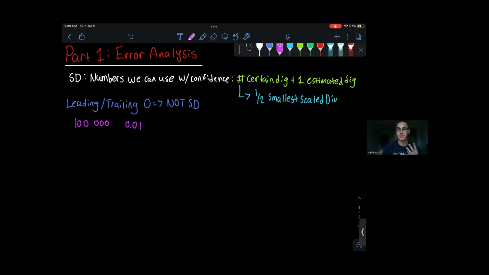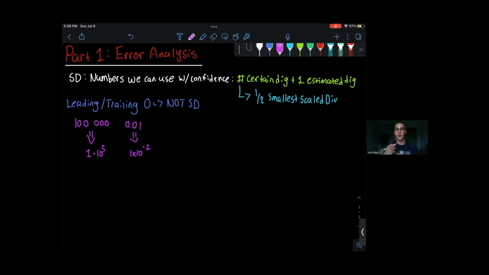This is because we can turn each number into scientific notation to make the significant digits more accurate. So this would be 1 times 10 to the 5, and this would be 1 times 10 to the negative 2. Okay, hopefully all that makes sense.